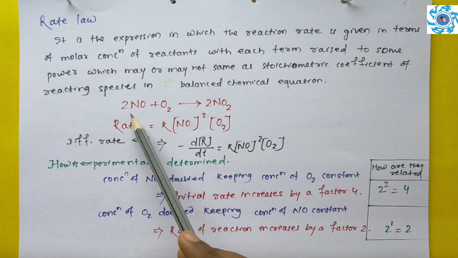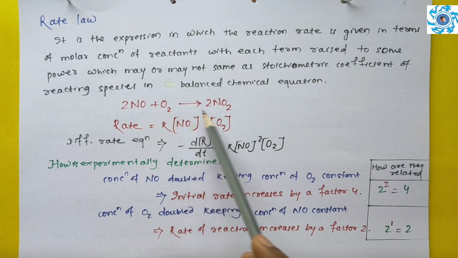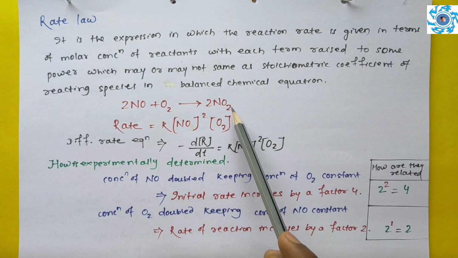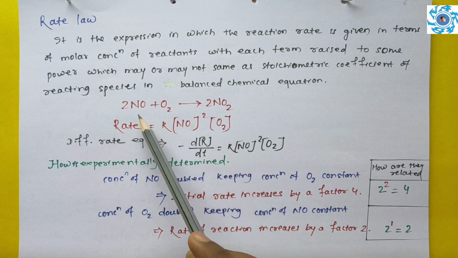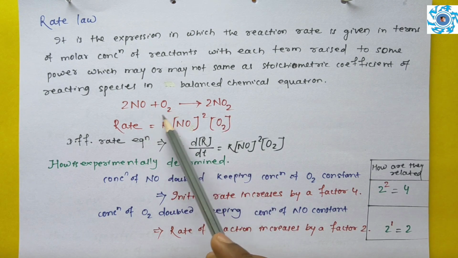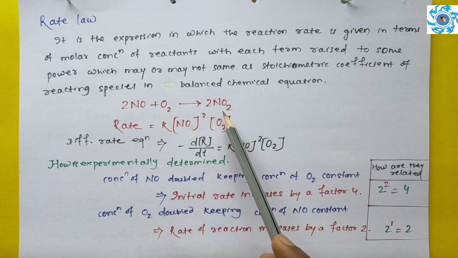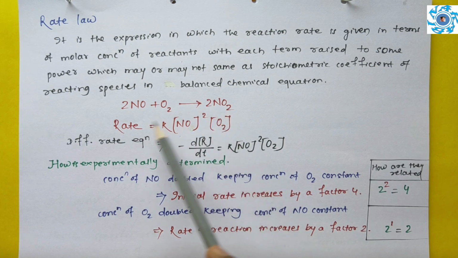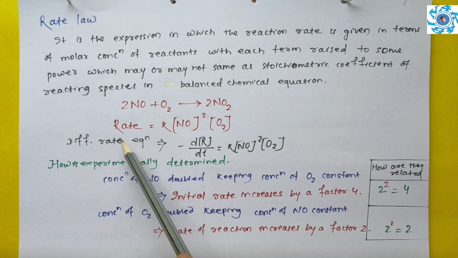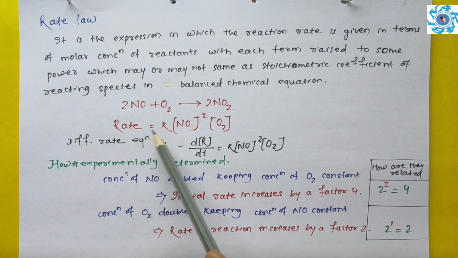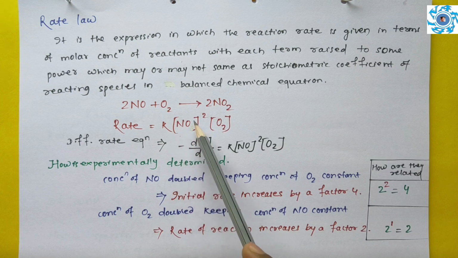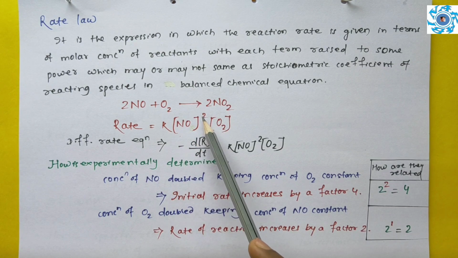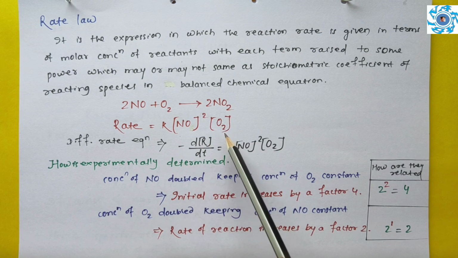2NO plus O2 gives rise to 2NO2. That means nitric oxide reacts with oxygen to form nitrogen dioxide. If we take the rate here, the rate will be equal to k into concentration of NO to the power 2 into concentration of oxygen.